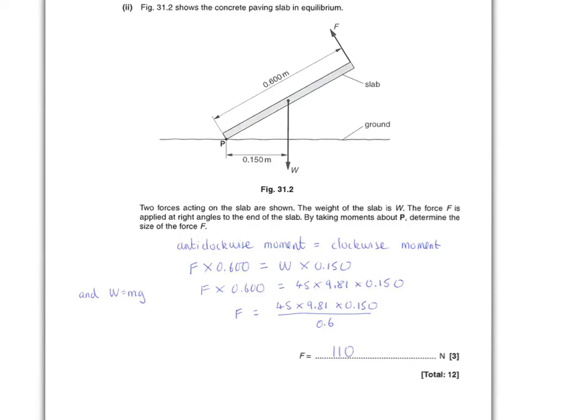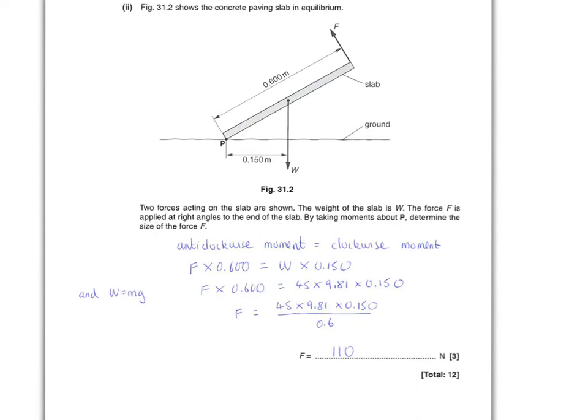Force times perpendicular distance between the line of action of the force and the pivot. Had we, for example, been given this distance here along the line of the slab, you may have had to have also used an angle and trigonometry to find this. But for once, it's nice and straightforward.